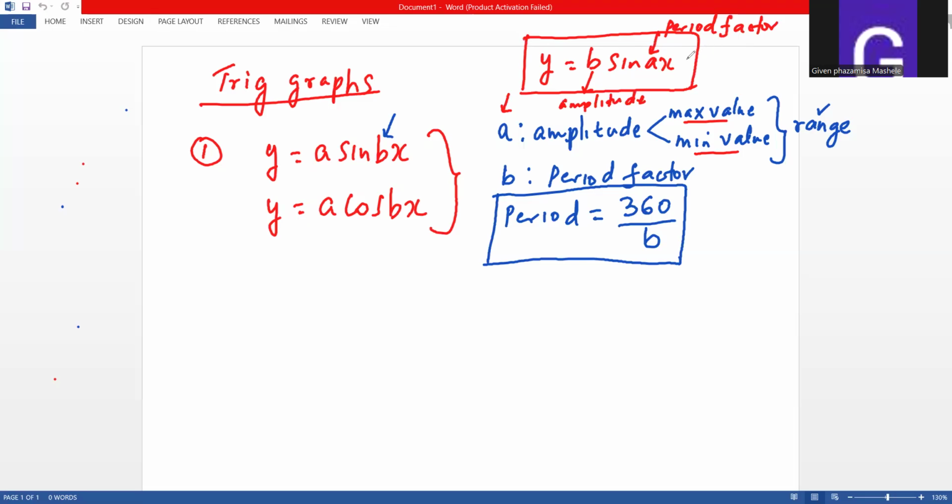So it's very, very important when you are given a function, for both grade 11 and 12. All the time when we are calculating the period of sine and the period of cos, we always use 360 divided by b.